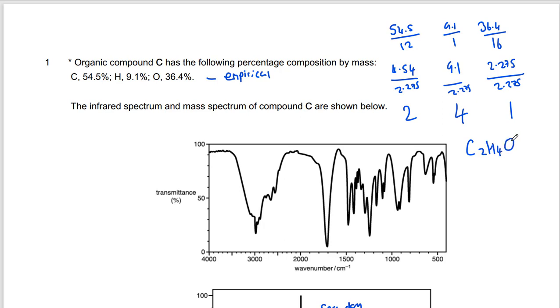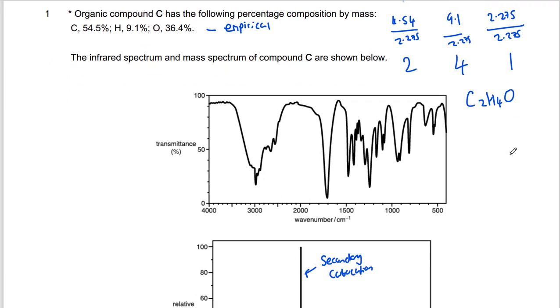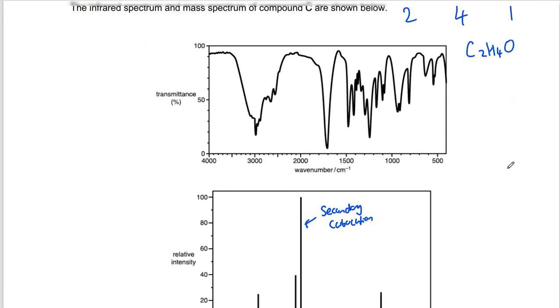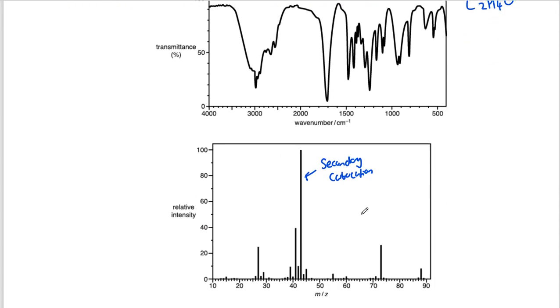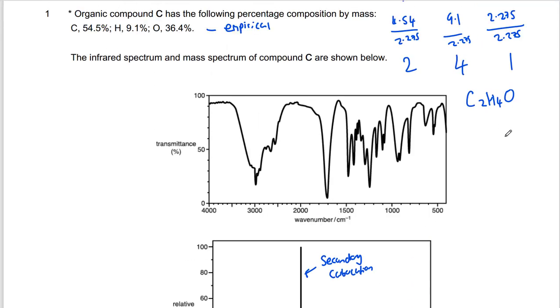Now, why is that useful? Because if we now go and look at our spectrum, I'm going to leave the infrared for now because the mass spectrum is where I'm going to go next. Why do I go to the mass spectrum next? Because the mass spectrum gives me a molecular ion peak, and that peak looks like it's at 88. So C2H4O is the simplest whole number ratio.